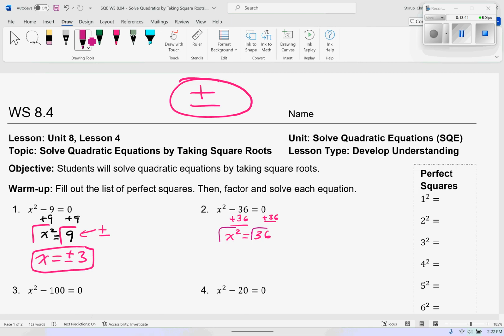What's at the top of your paper? Okay, square root of x squared is what? Square root of 36 is what? Don't forget the plus minus. That's 2 answers. That's the same thing as saying x equals 6 and x equals negative 6 is 2 answers.